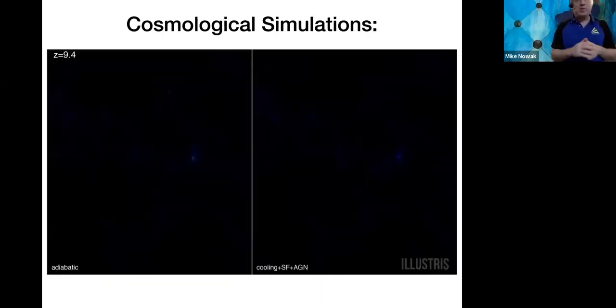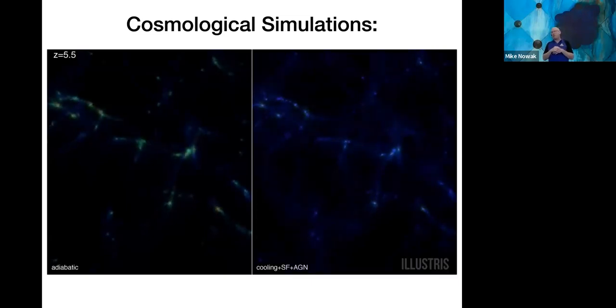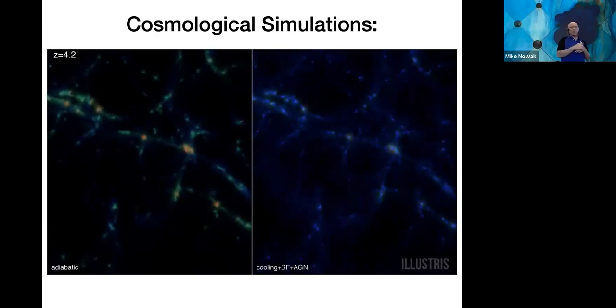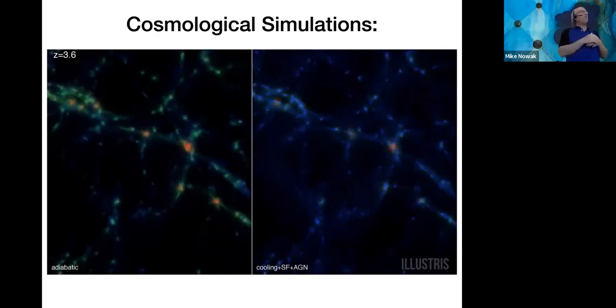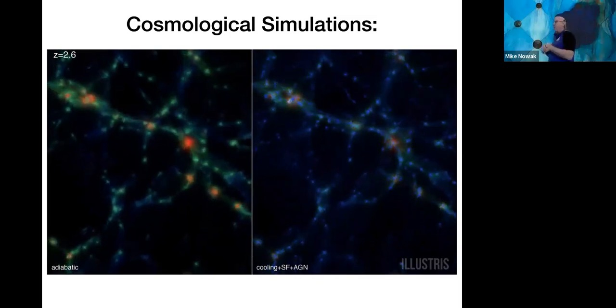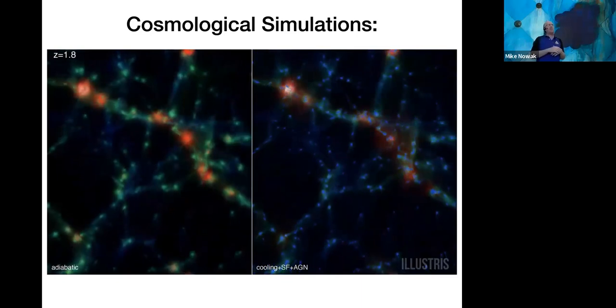So in terms of the science, these are two different simulations of the evolution of clusters and galaxies in the early universe, with two different sets of assumptions about how matter gravitationally collapses. On the left, it's what we call an adiabatic approximation. It's not putting in a lot of the detailed physics.